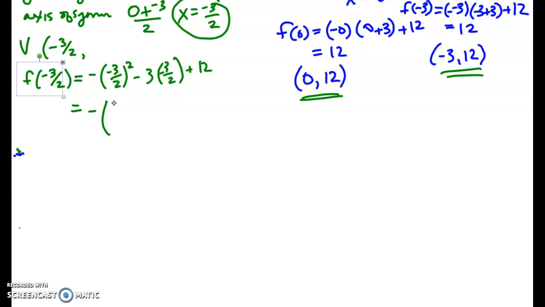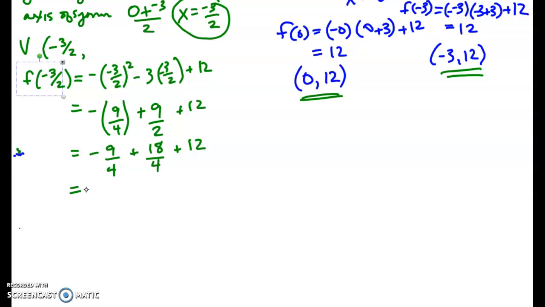So negative 3 times negative 3 will be 9 over 2 times 2 is 4. That's the squared. And now negative 3 times negative 3 will be positive 9, and the denominator is 2. Okay, so we're on our way already. Negative 9 fourths plus, now in order to add this we need a common denominator. So we want it out of 4, so we need to multiply the numerator by 2.